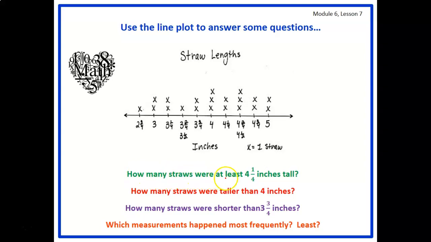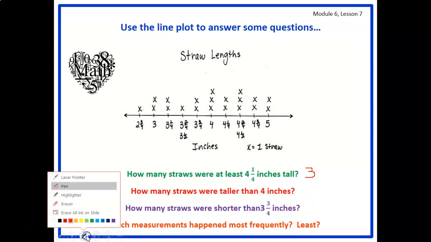How many straws were at least 4.5 inches tall? Well, I can go to 4 2/4, which I know is 4.5, and say there was 1, 2, 3. And since every X equals 1 straw, I know there were 3 straws that were at least 4 1/4 inches. Look at that. I made another mistake.